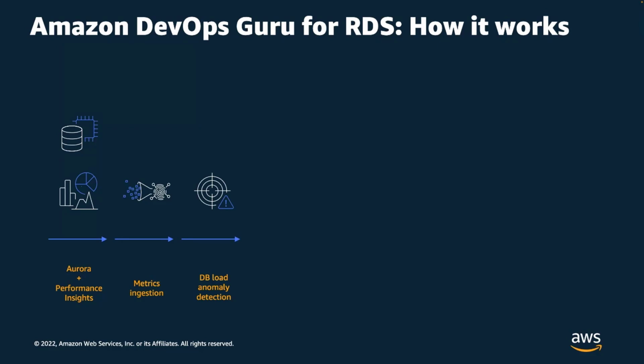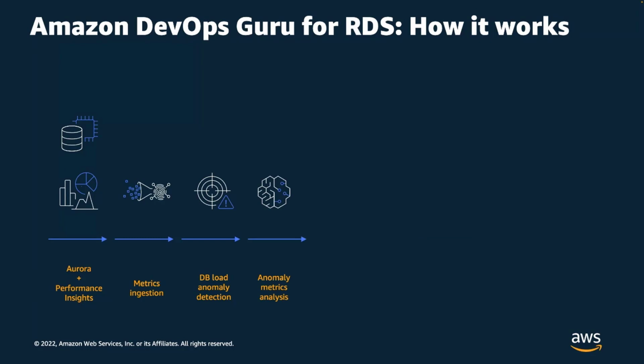One of the optimizations DevOps Guru for RDS has made for database workloads is to account for seasonality. In many database workloads, there are regular periodic spikes of activity from, say, batch jobs or ETL jobs, reporting, and other scheduled tasks. DevOps Guru for RDS only highlights anomalies that are not periodic and that occur outside of the regular course of normal database activity.